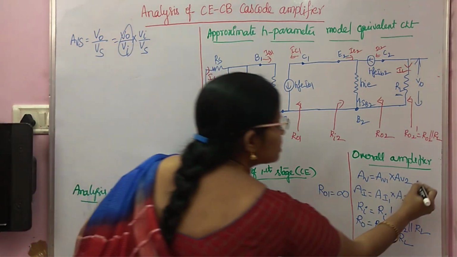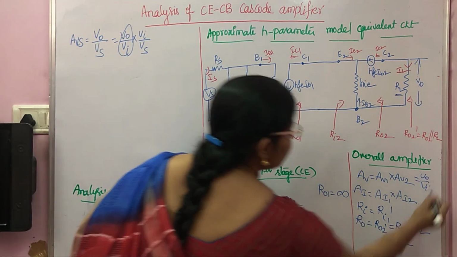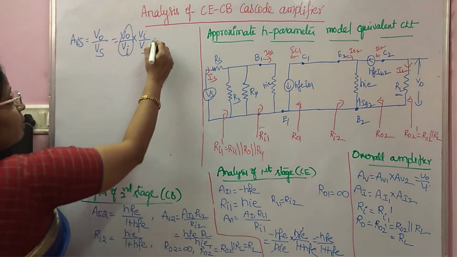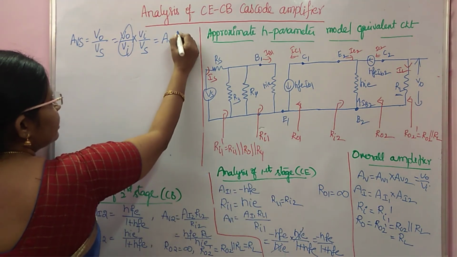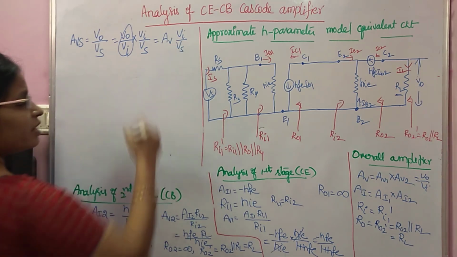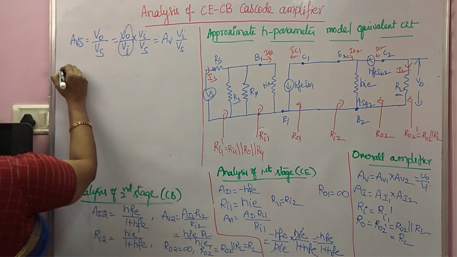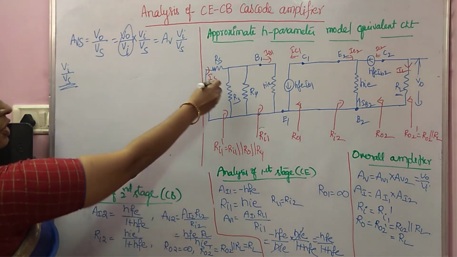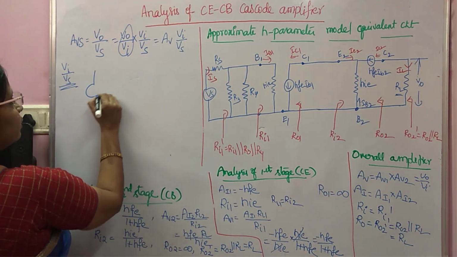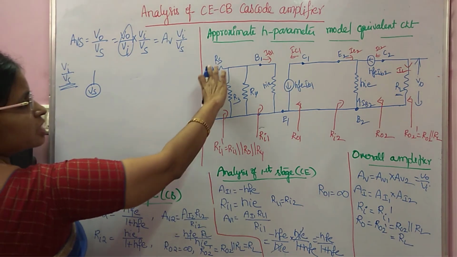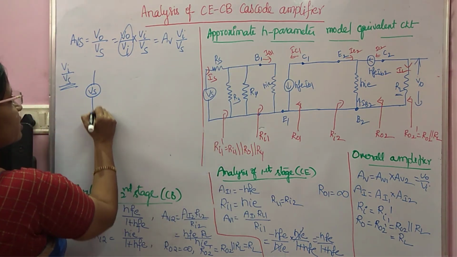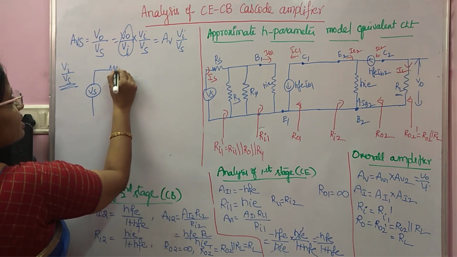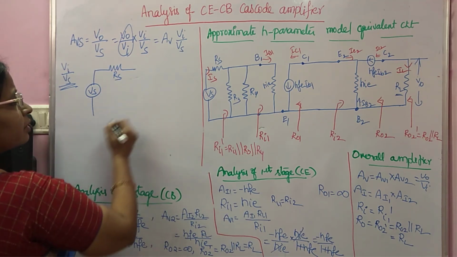V0 by Vi is nothing but AV, so you can write it as AV into Vi by Vs. Now how to find this Vi by Vs? For that, you have to consider the input circuit, this part, Vs. Here is a resistor Rs.